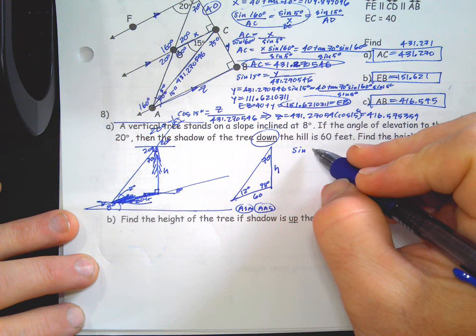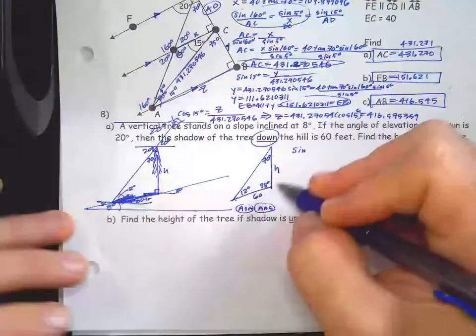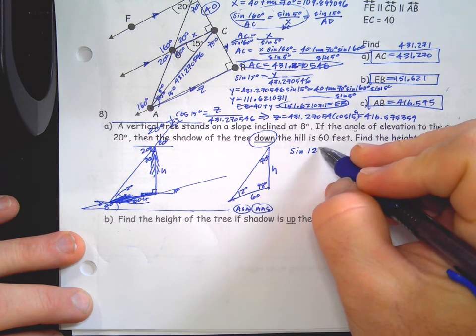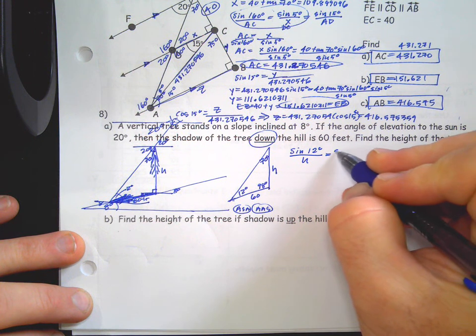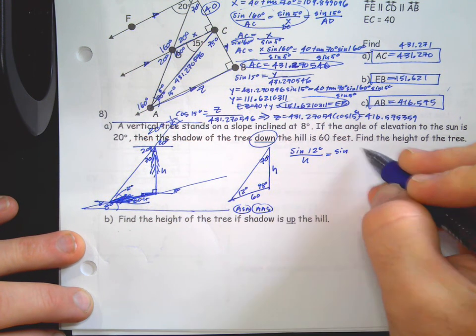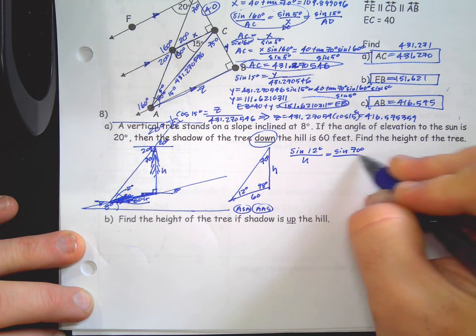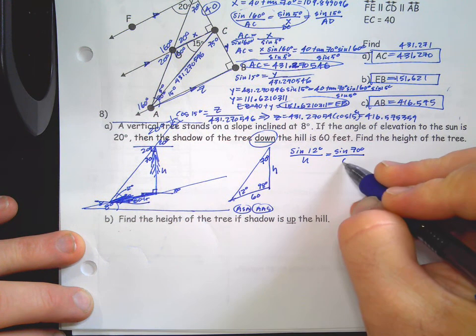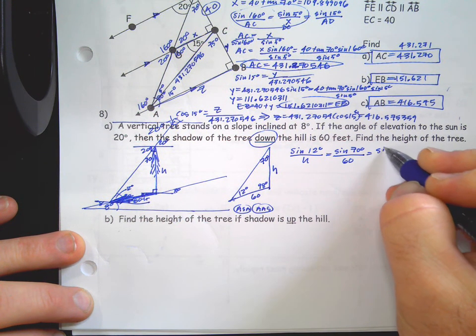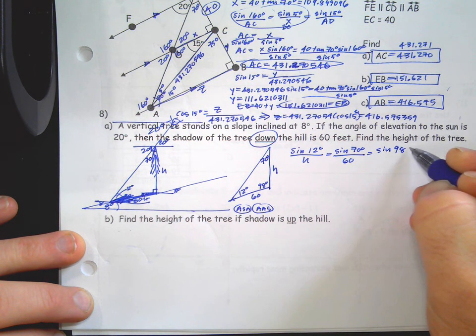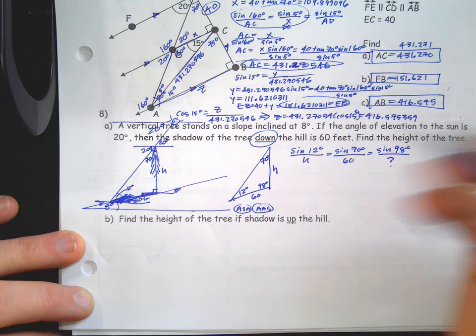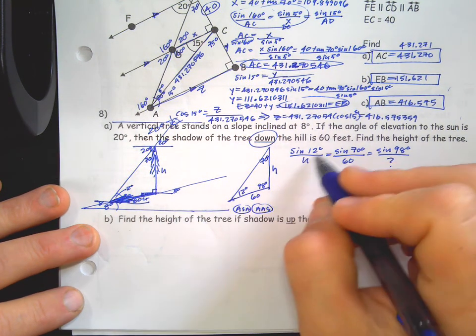Sine of 12 over h equals sine of 70 over 60. I'm trying to use the ones that are tied to what I know and what I'm looking for. You could do 98, but you don't know that and you're not looking for it. So I think this is good enough, right?